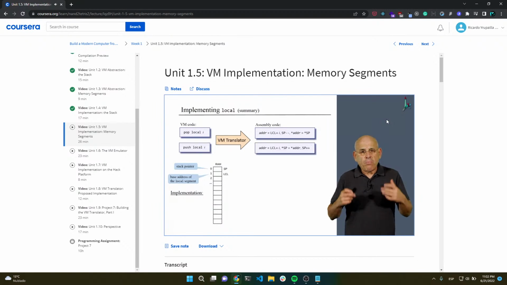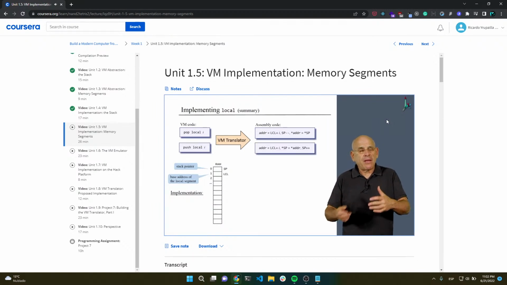And the push local i command is implemented in a very similar way, somewhat symmetric. Okay, so we compute the target address as we did before, and then we carry out a push operation using two pseudo instructions.